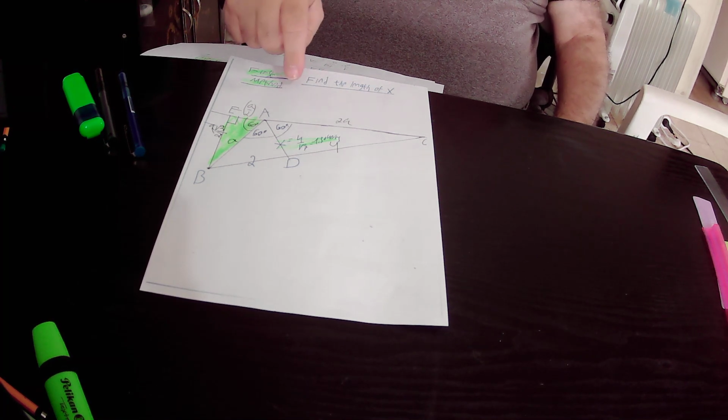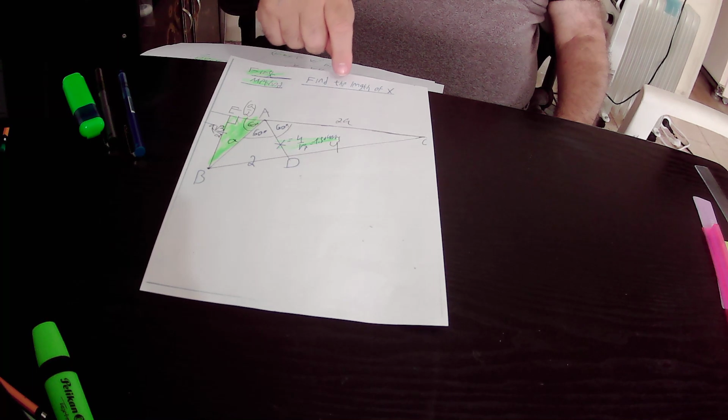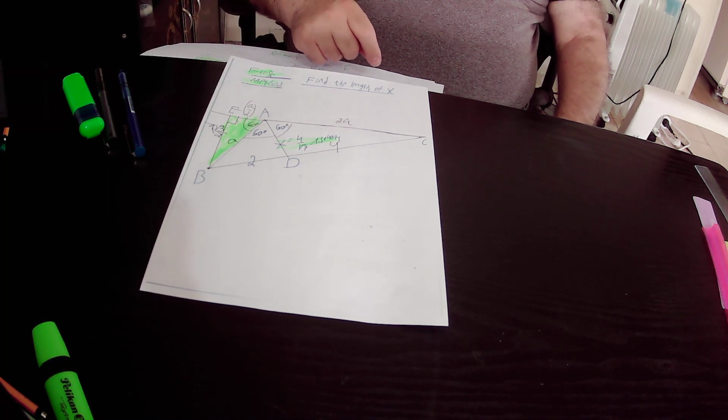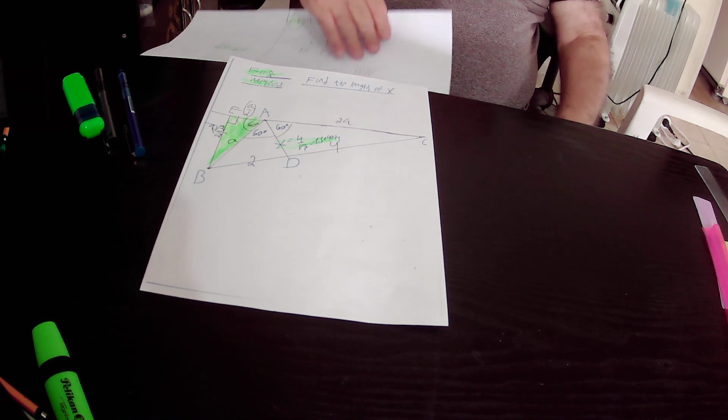CA is a side of the triangle, a straight line, and when we extended it by a straight line, we got line segment CE. When you extend a straight line by a straight line, the result must be a straight line.